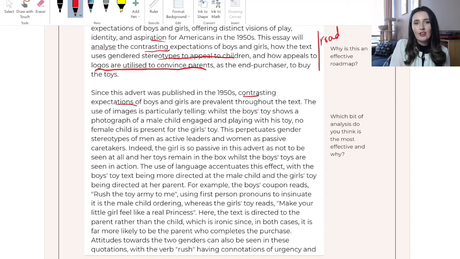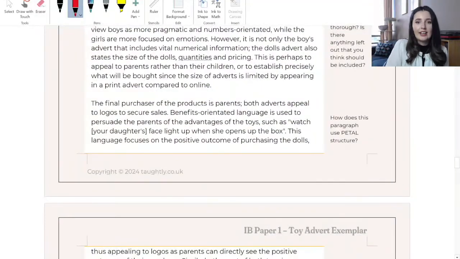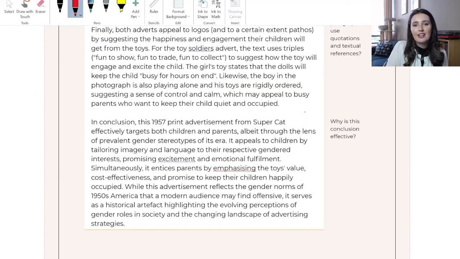So here it's like contrast, here it's appealing to children, here it's appealing to parents. And yes, my third paragraph is focused very much so on parents. And then my conclusion brings it all together. So I restate my thesis, I summarise my arguments, and I think about the broader implications of the text.